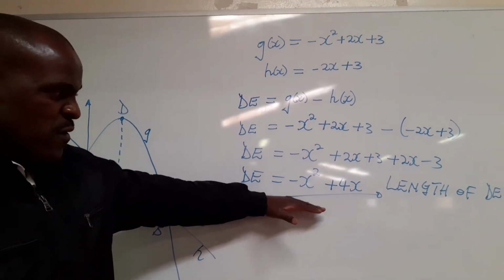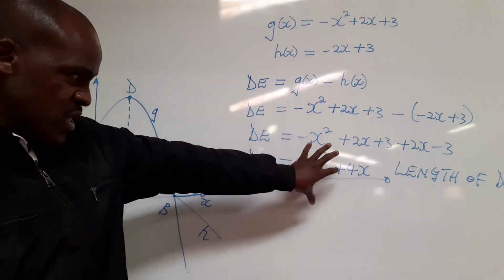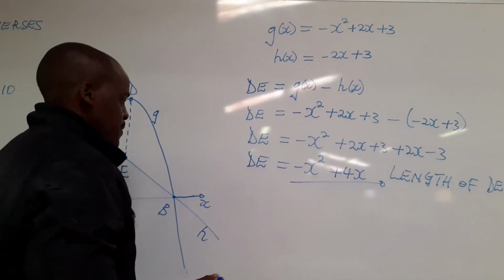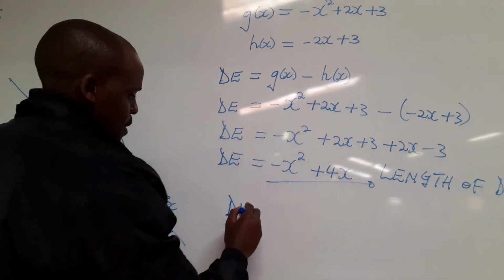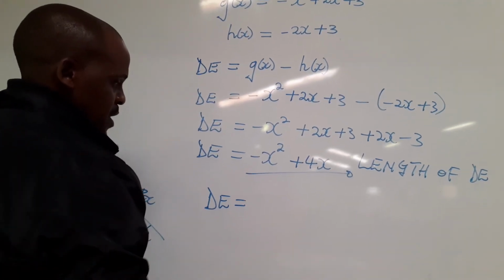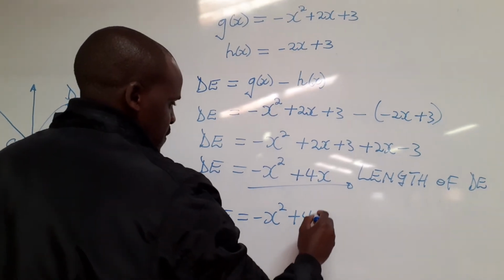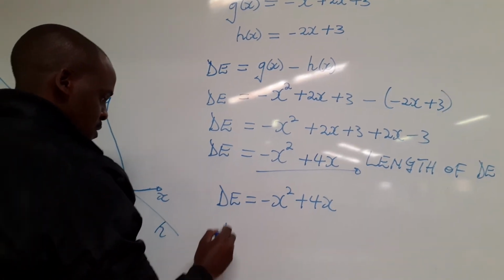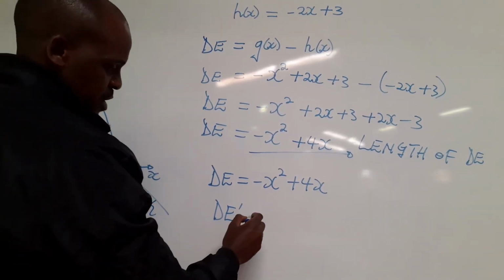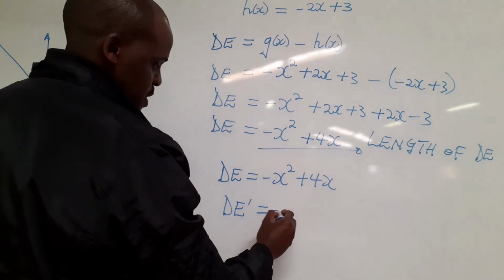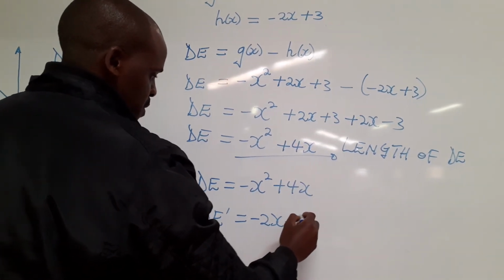So since we are looking for the minimum length of DE, we will have to derive this equation. DE is given by minus x squared plus 4x, and now we derive. So it's 2 times that, it's negative 2x, 1 times 4, it's plus 4.